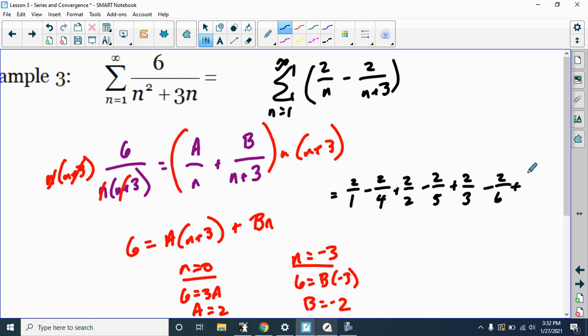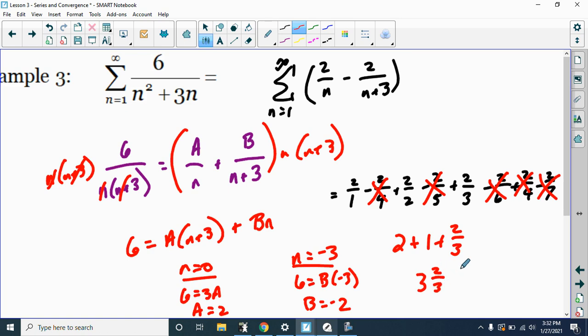Plug in 4, plus 2 over 4 minus 2 over 7. So now I've got that plus 2 over 4, that one cancels. And the next one's going to have a plus 2 over 5, and then a plus 2 over 6, and then a plus 2 over 7. So we get 2 plus 1 plus 2/3, 3 and 2/3, 11 over 3.